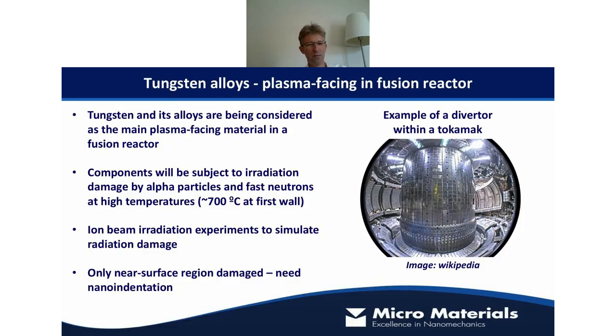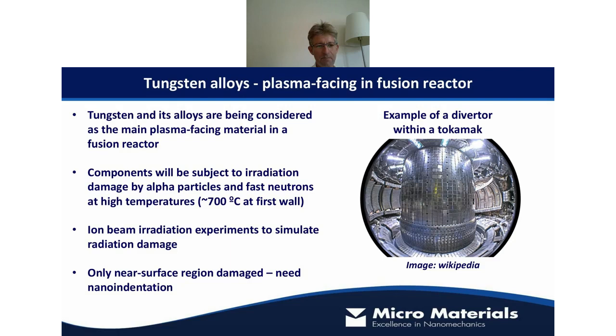So one of the applications where it's been used, I talked a little bit about it earlier, was on testing tungsten. So tungsten and its alloys, such as tungsten rhenium alloys, are really the prime candidate for the main plasma-facing material, protecting the structural components and the diverter and the like in a fusion reactor. So in these applications, these components are subjected to irradiation damage by alpha particles and fast neutrons at high temperatures.